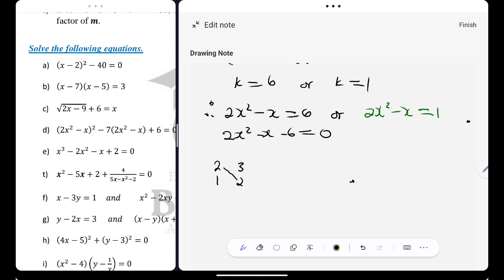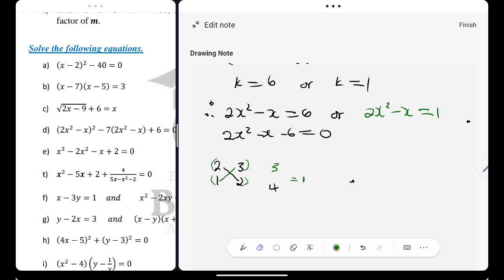So when I say 2 multiplied by 2, I get 4. When I say 1 multiplied by 3, I get 3. Whenever I subtract them, 4 minus 3, I will get 1. Are you together? So these two will become my brackets.